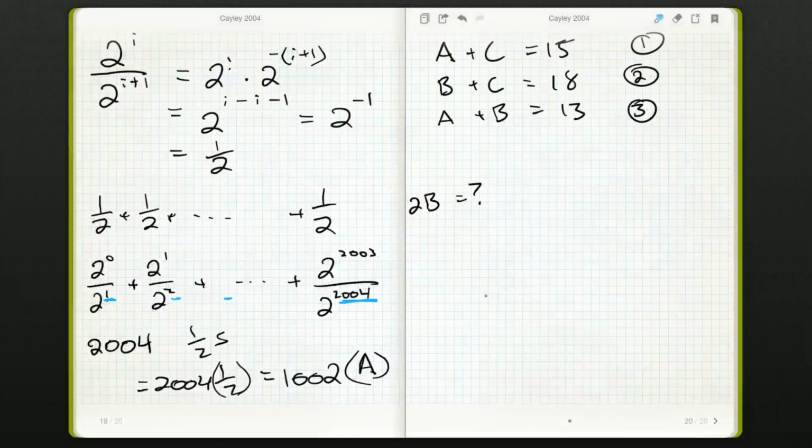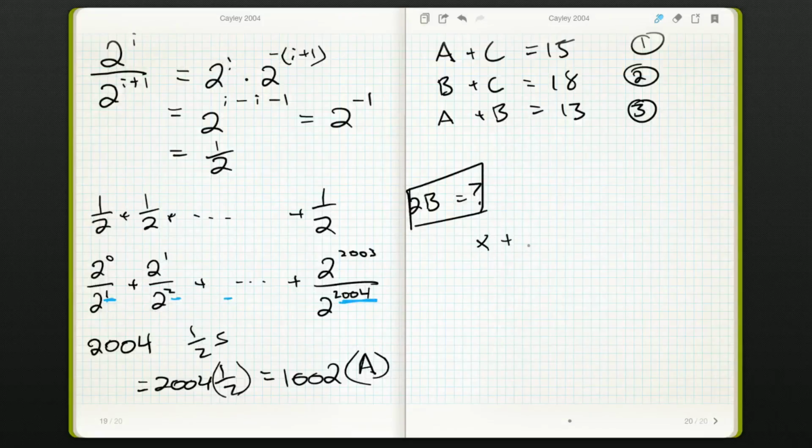Alright, so there's 2 ways I can think to go about doing this. One, we can directly work out 2B from these equations. And that's fine. I'll show you how to do that in a moment. But usually when I'm confronted by something like this, and it's not always as simple as just 2 things and they're each used twice in different equations, but you will get this every once in a while.